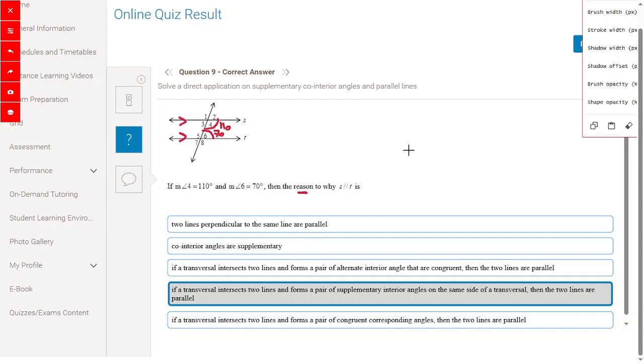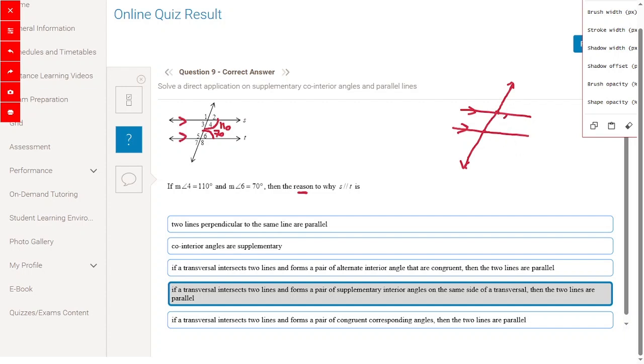Okay, now here, if I have two parallel lines and a transversal line intersecting the two parallel lines in different points, so this is a transversal line, and these two lines are parallel, so we have many conditions for the angles.